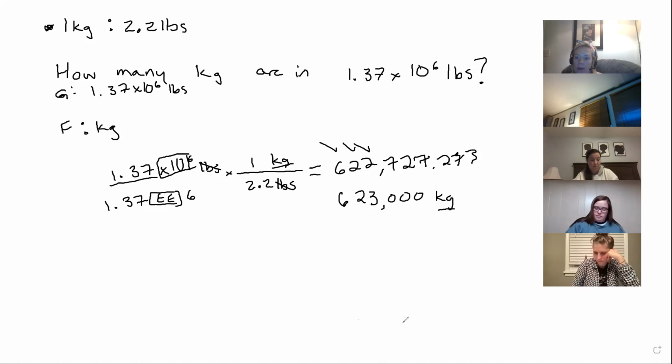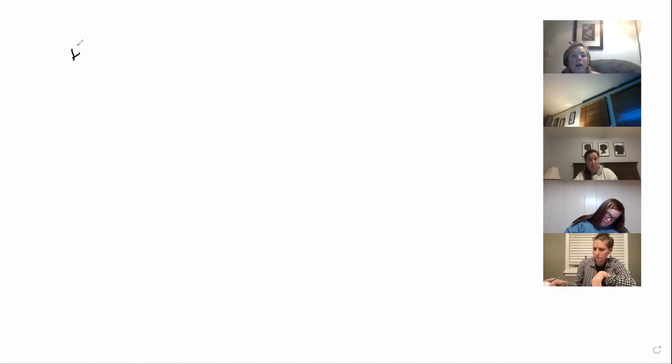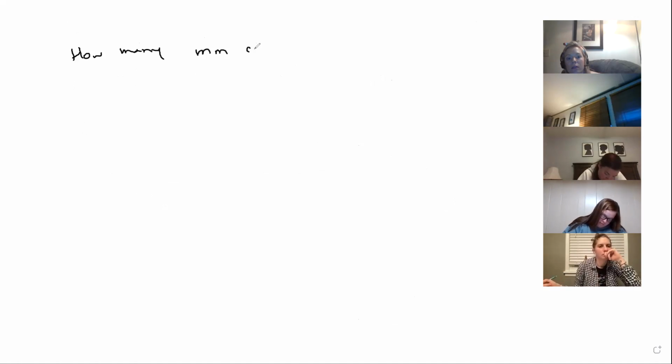Let's do one within the metric system, just so you can see how we can either use King Henry died before drinking chocolate milk, or we can use this process of dimensional analysis. So how many millimeters are in 4.6 meters?